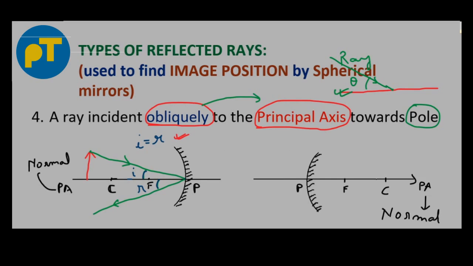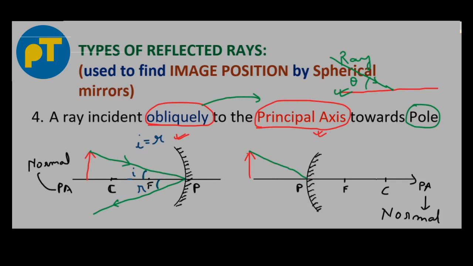and in the case of convex mirror as well, let's say we have an object somewhere here, and the incident ray is oblique to the principal axis at the pole.